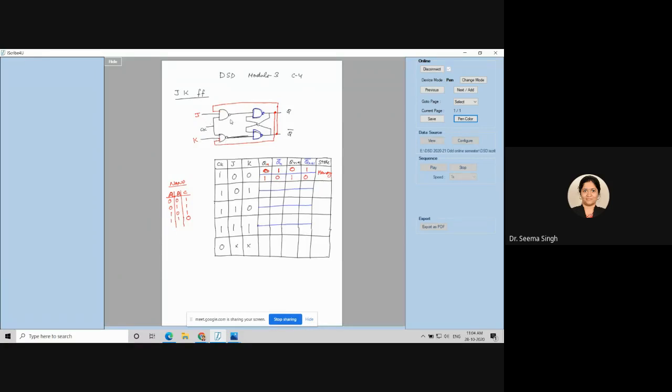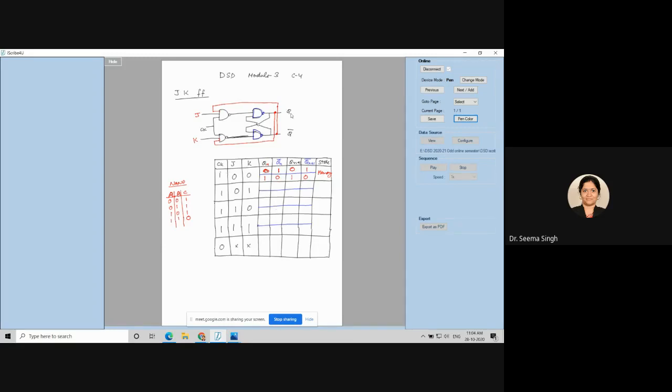What I'm trying to tell is this circuit and your SR circuit remain the same for the first three cases. Only the change comes in the last case, which is J and K equal to 1 and 1. You remember that for SR flip-flop, your 1 and 1 was an indeterminate state.